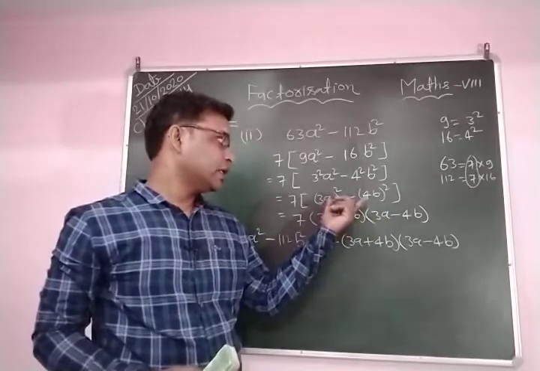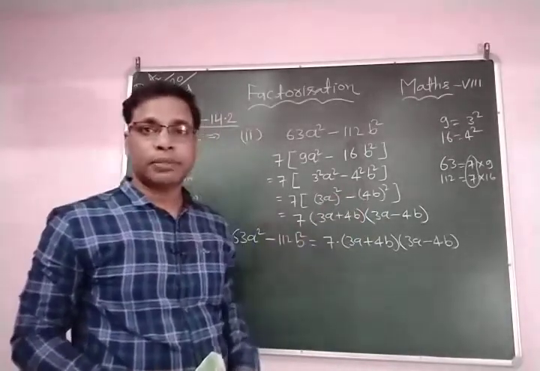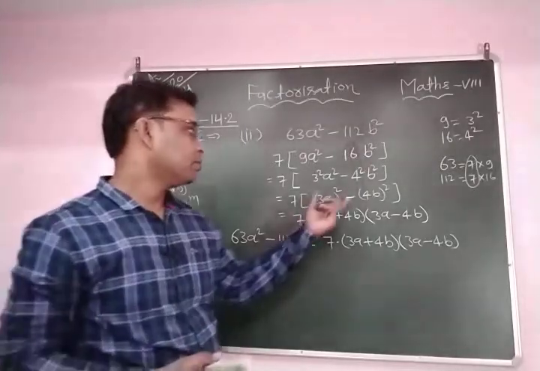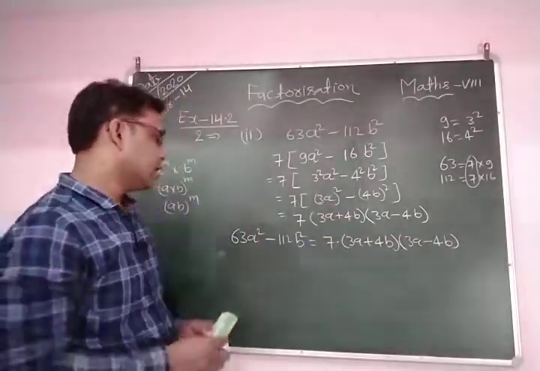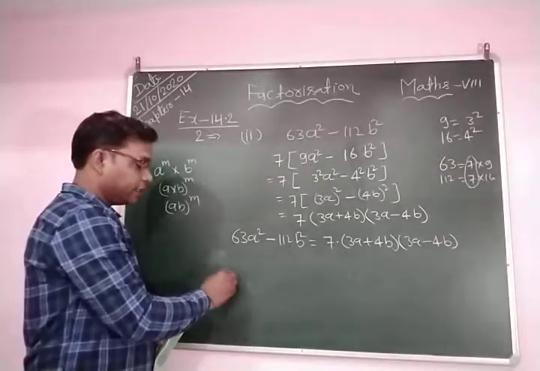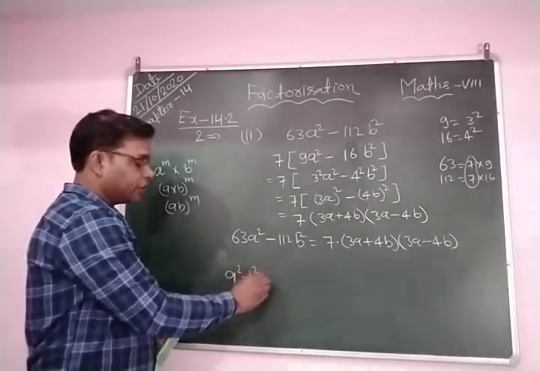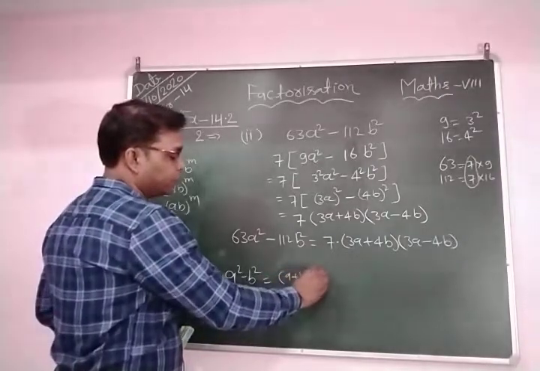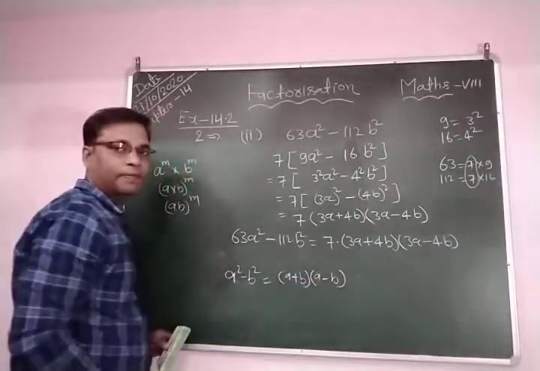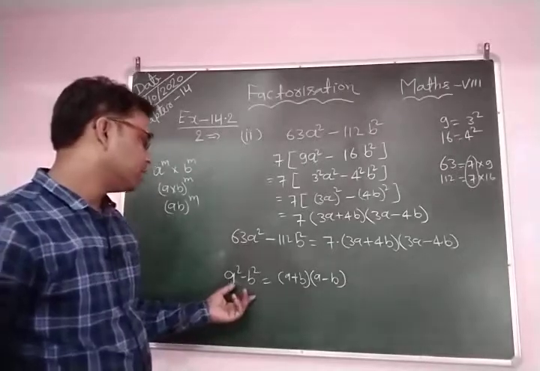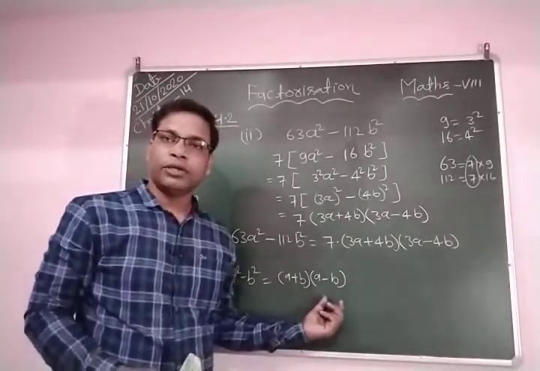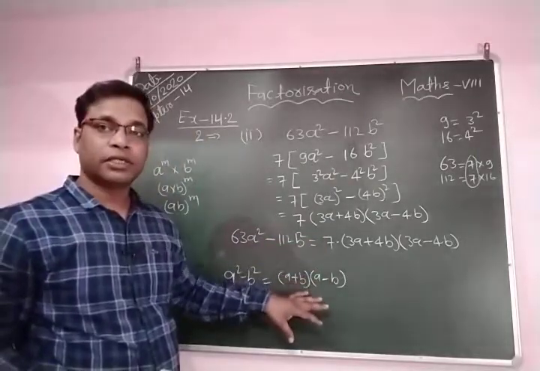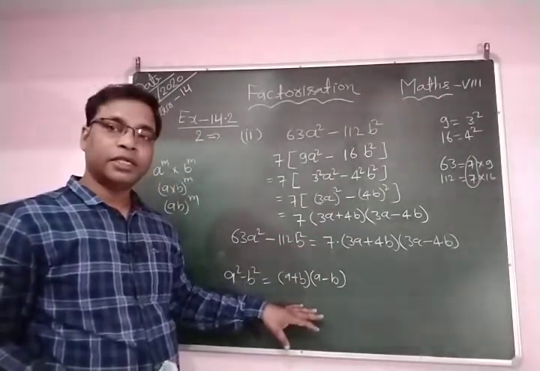So after this we observe that this is the form of the difference of two squares. It means that a square minus b square is equal to nothing but a plus b into a minus b. Clear? Similarly, we apply this identity. This is the third identity.